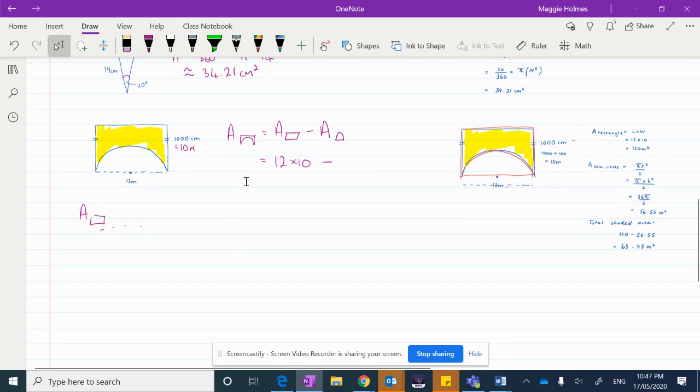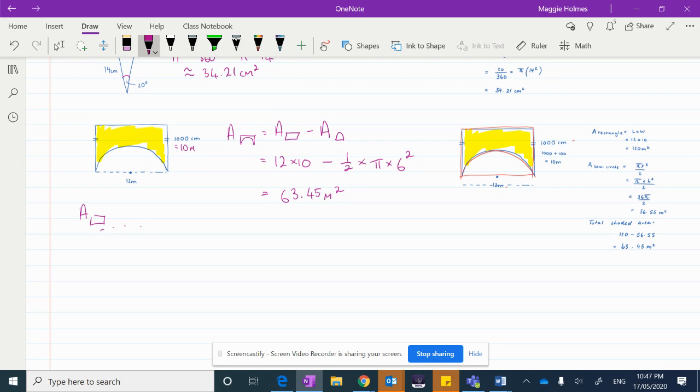And then we're going to subtract off the area of the semicircle, which is going to be a half, because it's a semicircle, times pi times the radius, which is 6 squared. And once you've got this, that's enough working, and you can put that straight in your calculator and it will give you your answer. And we had it in meters squared.